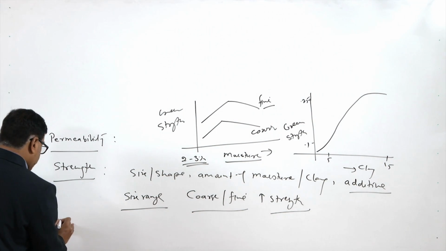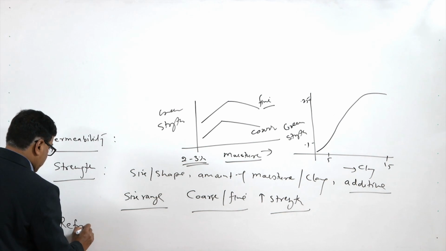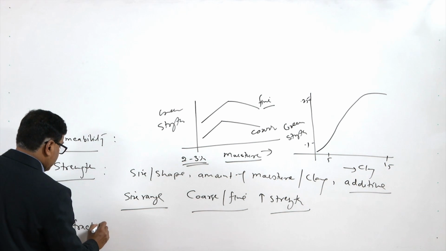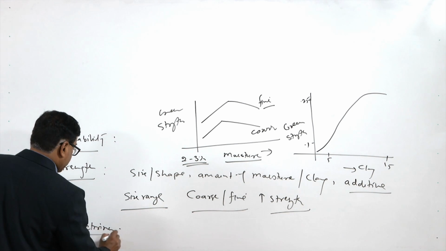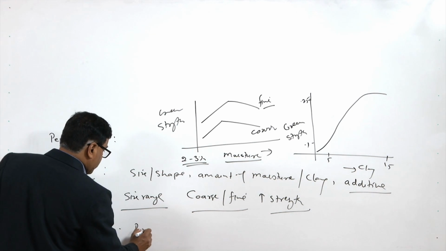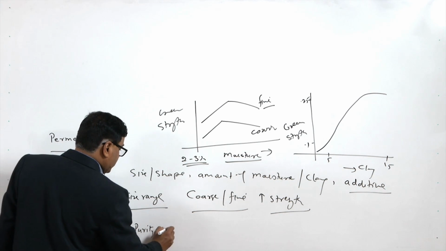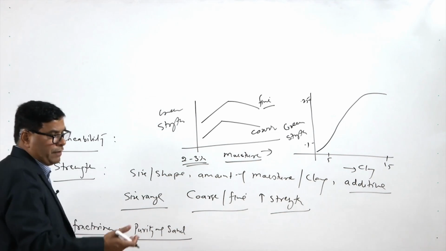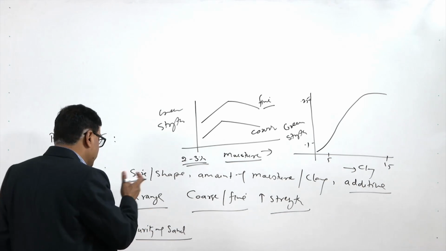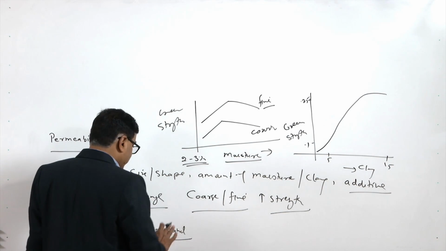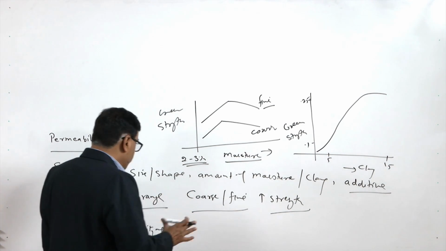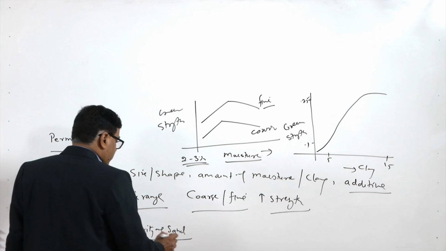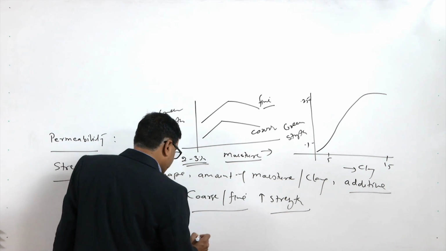And the next property is the refractoriness. Refractoriness depends basically upon the purity of the sand. Reduction in purity, like presence of aluminum oxide, magnesium oxide etc., reduces the refractoriness. So, very pure silica results in very good refractoriness.